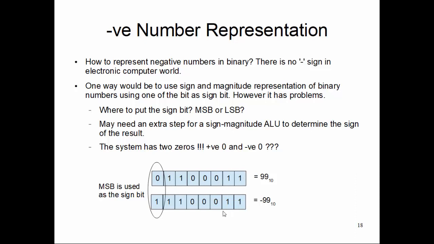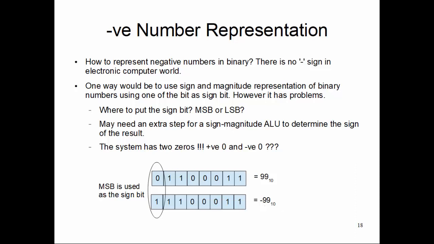And imagine we have a pattern of all 0s, 0, 0, 0, 0, 0, 0, and then a pattern 1, 0, 0, 0, 0. In that case, you will have a positive 0 and a negative 0. What does it mean? How will the software handle it? So many different questions come up with this approach, right?